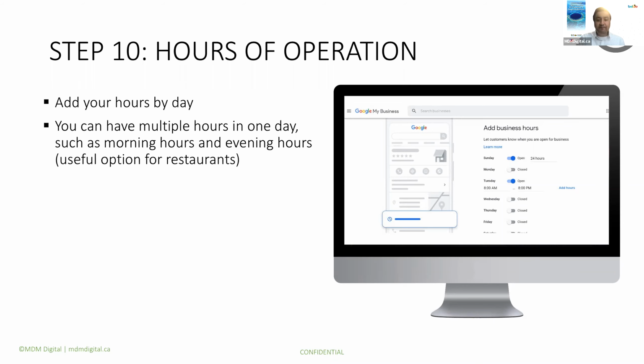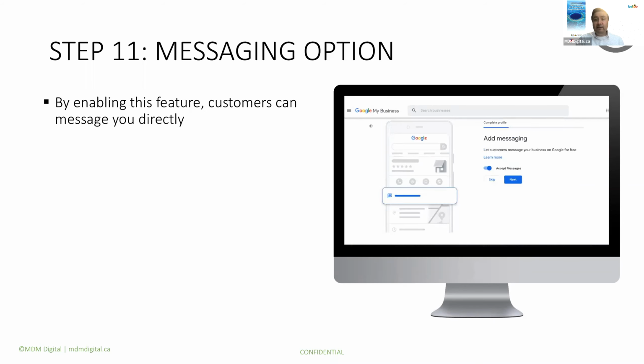The other cool thing that Google My Business gives you is this messaging option. And this is done by downloading the Google My Business app. We highly recommend that you download this app because it will help you, one, to manage your listing on your phone, almost in real time, easy, so you can see what's going on. But also, if you enable this option, it means that when someone's on their phone searching for the services or the type of products that you sell, they'll be able to message you right from the spot, right?